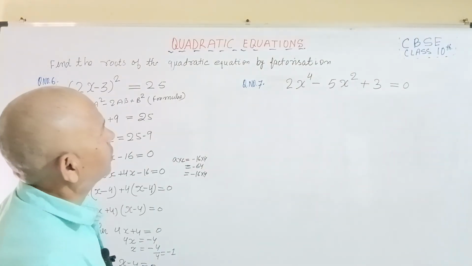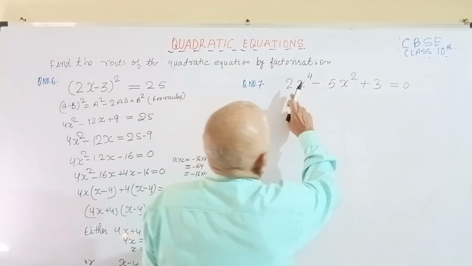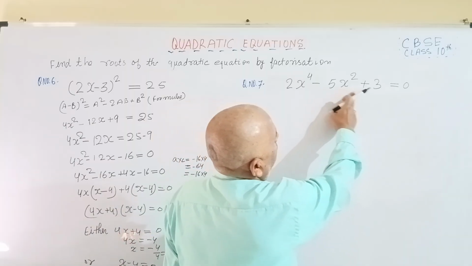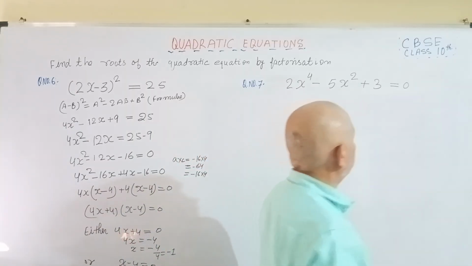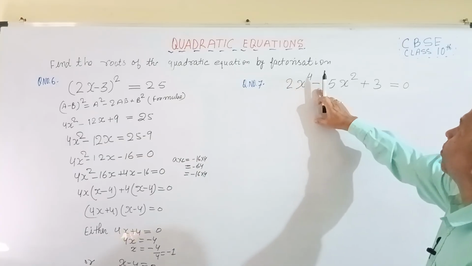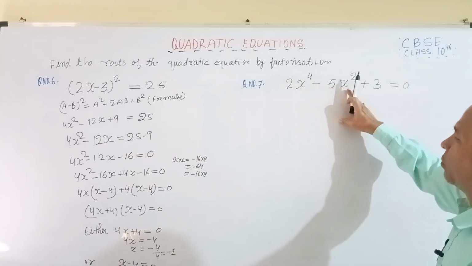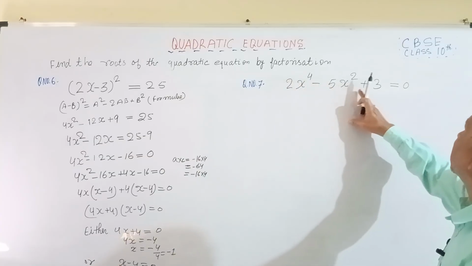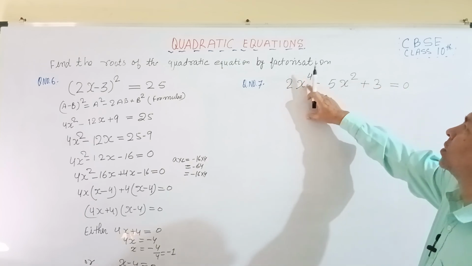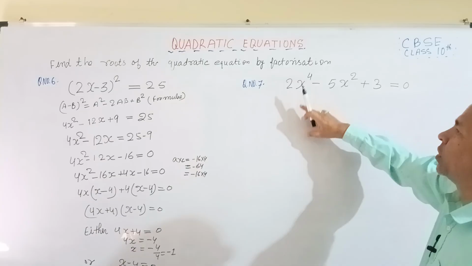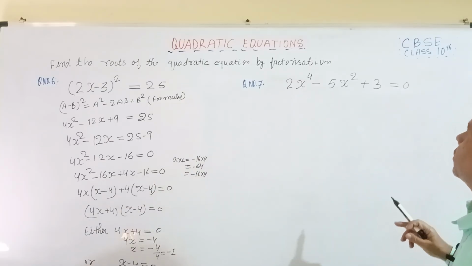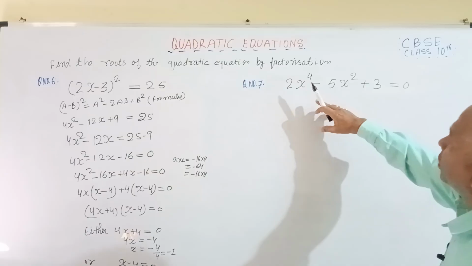Now I will solve the second question, that is 2x to the power 4 minus 5x square plus 3 equals 0. Now this power is 4 and we have to bring it in the form of a quadratic equation. So this has to be reduced.